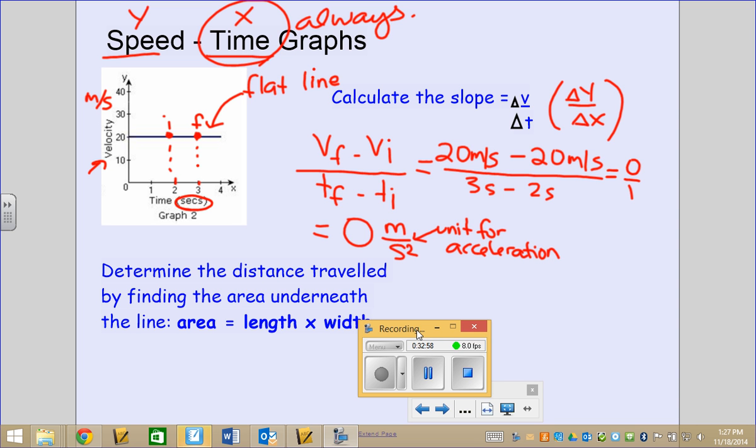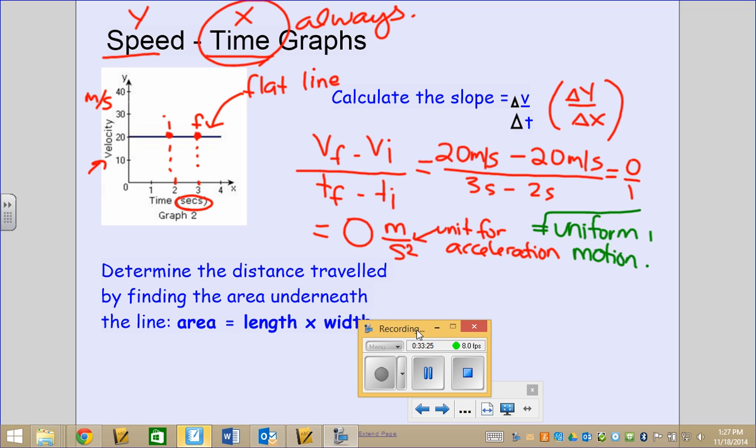But when we get to the third section and we talk about acceleration, this graph will start having a slope. So for now, when you calculate the slope of a speed time graph, it should be 0. That means that there is no acceleration. That means that you have uniform motion.